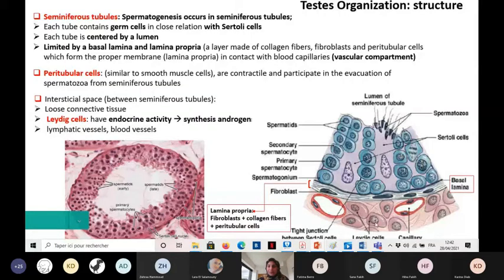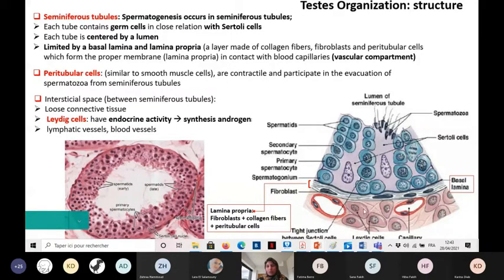Here we have the Leydig cells. They are the Leydig cells represented in the interstitial space. This is the interstitial space, and we have also blood vessels that reach this interstitial space, and that will supply the seminiferous tubules with oxygen and nutrients, and will exchange hormones with the Leydig cells also.